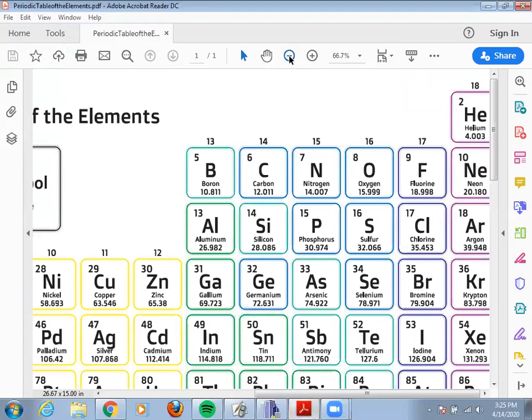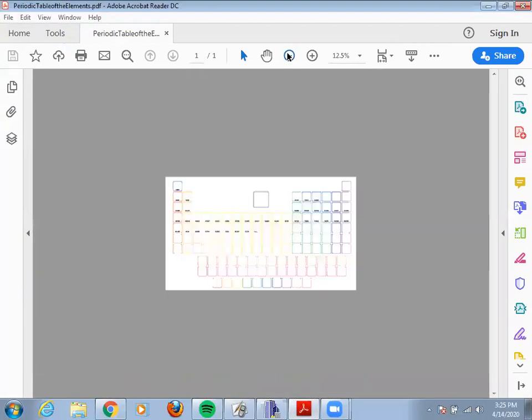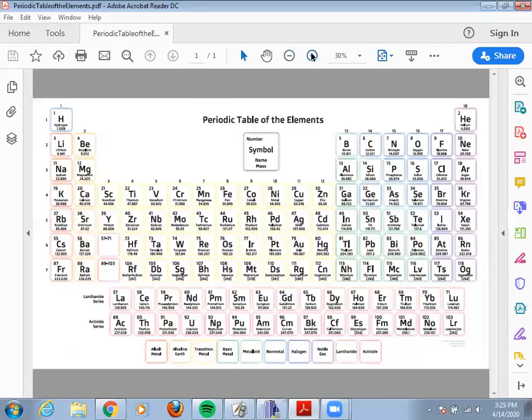If we zoom out, okay, too much. If you remember the horizontal rows, the horizontal rows are called periods, and there are 7 periods. So on a Bohr diagram, whichever period the element is in, that's the number of electron orbits it has.